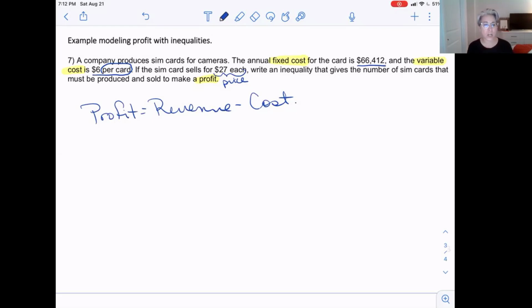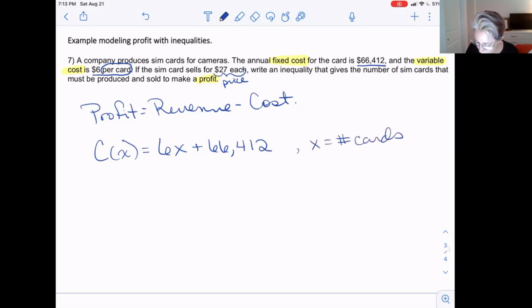They gave us a fixed cost and a variable cost, which is our hint that we've got a linear cost function. So we can write the cost function as C of x equals, it's $6 for every card made. So we can write 6x, but it also costs a fixed cost or flat rate of $66,412 per year. And again, x is the number of cards made.